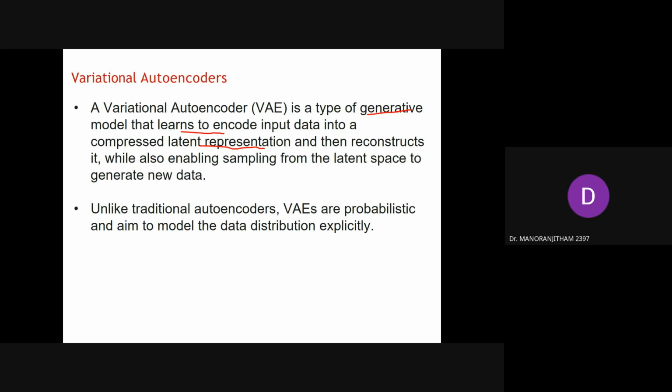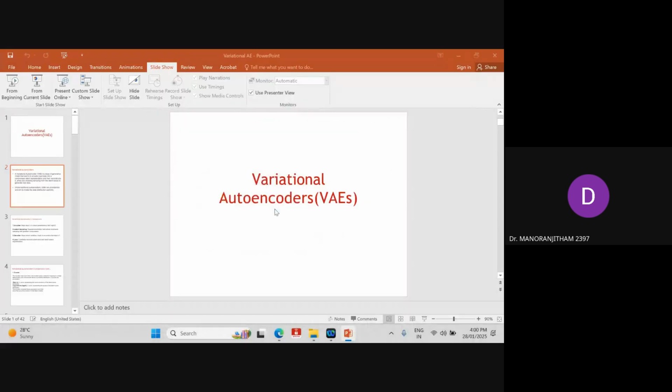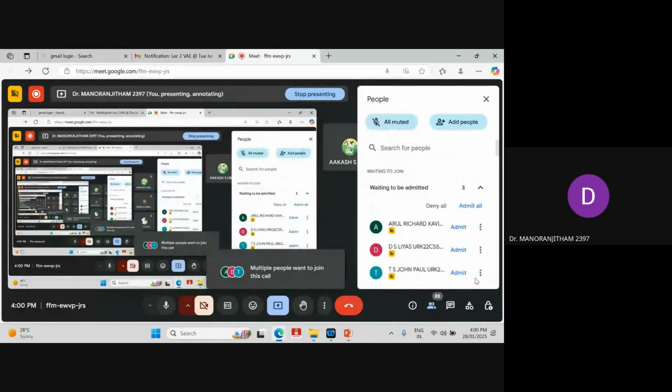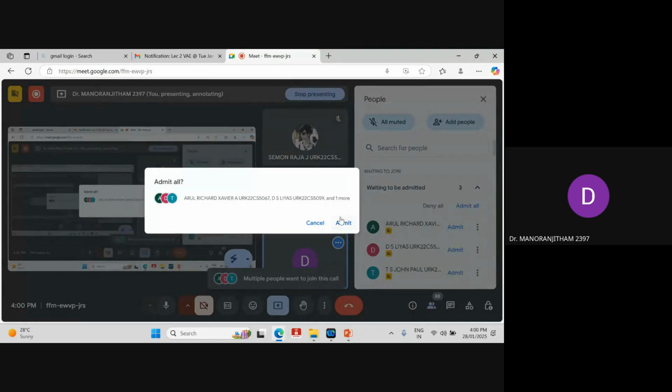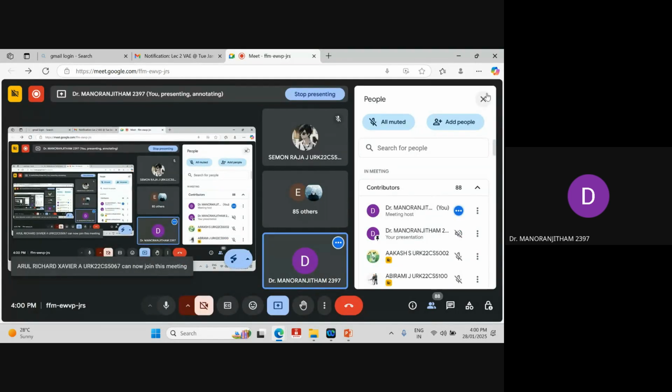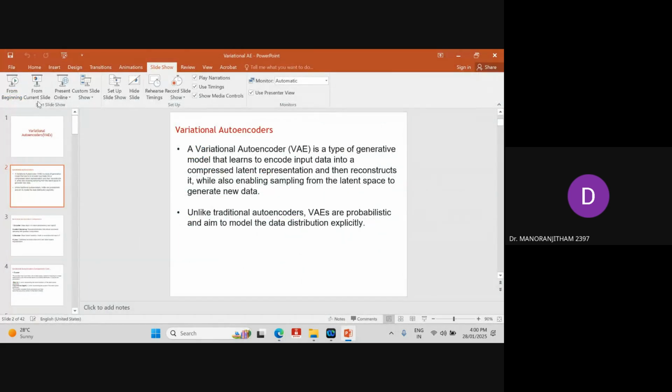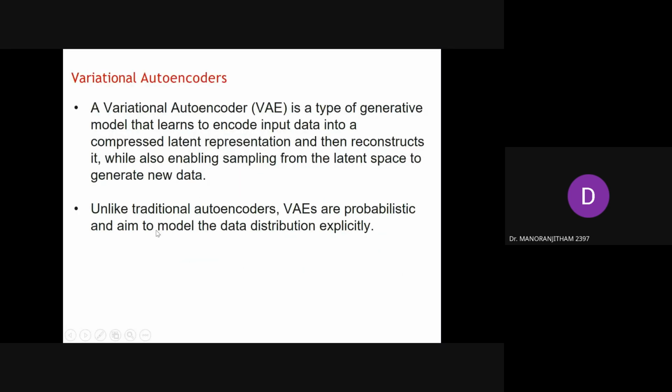So using this decoder, it will enable sampling from the latent space to generate new data.